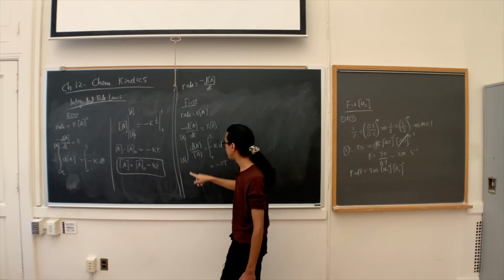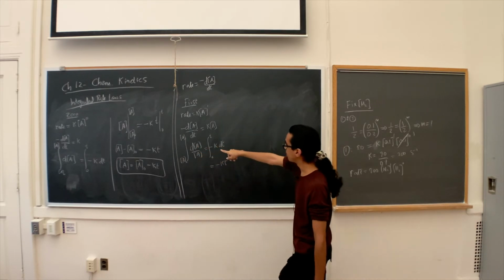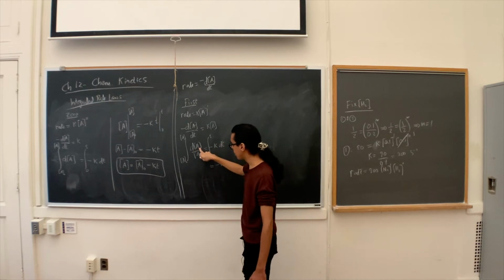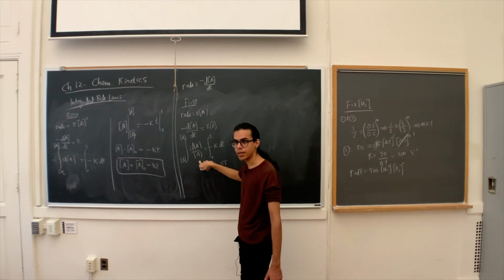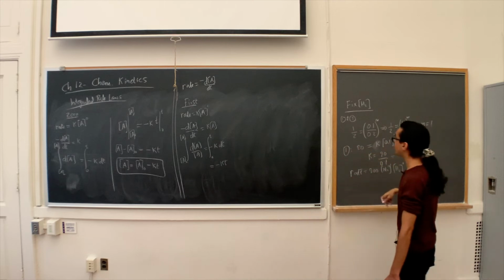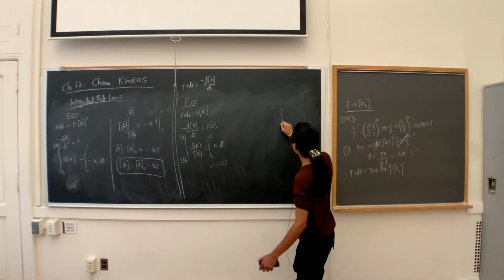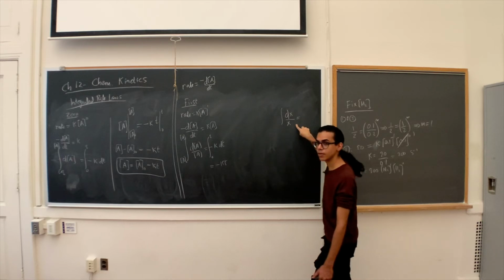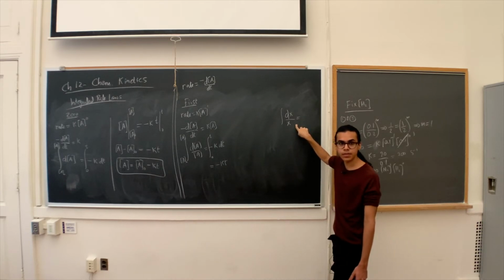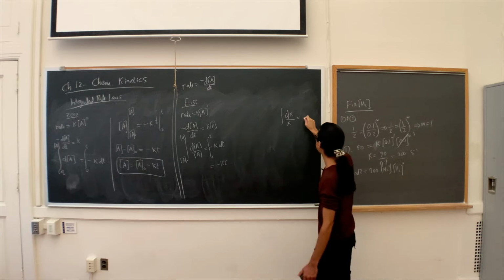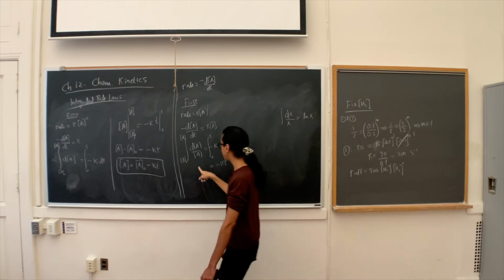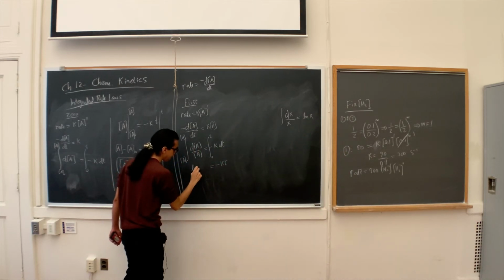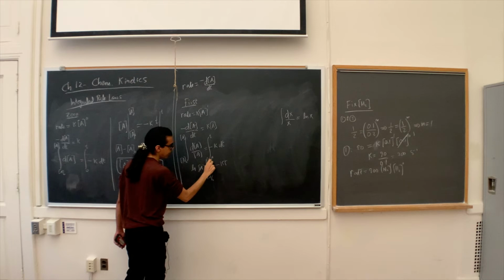Let's look at the left-hand side. What does this remind you of? You have d of a variable divided by that variable. What did I give you the result of this to be? ln x. Awesome. So this will be ln of A, where we're going from A naught to A, applying the limits.